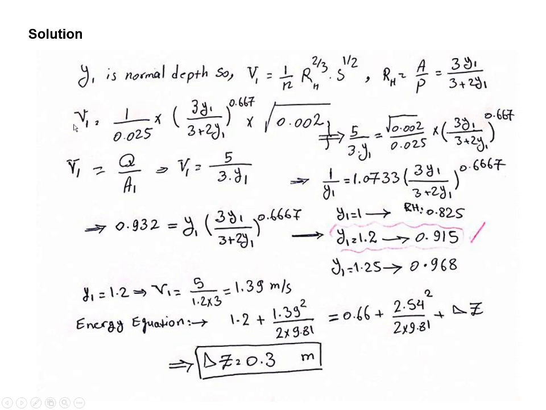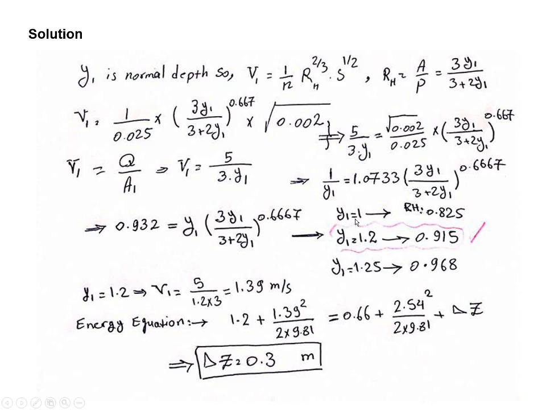You can replace the hydraulic radius here, and S is given. So this is our Manning equation. And the only unknown is y1. Using some algebra, you can simplify this equation and solve for y1. This is a kind of example that we had in previous lectures, and we should use an iterative method in order to calculate y.